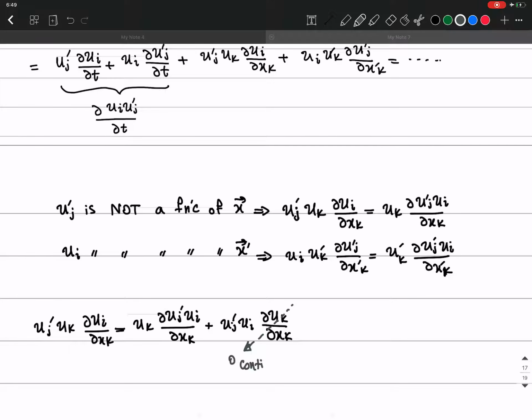I add this zero term because it's going to further simplify my equation. From calculus, this gives partial over partial xk of ui uk uj prime.